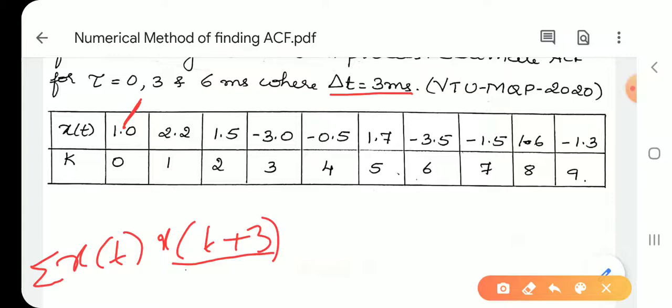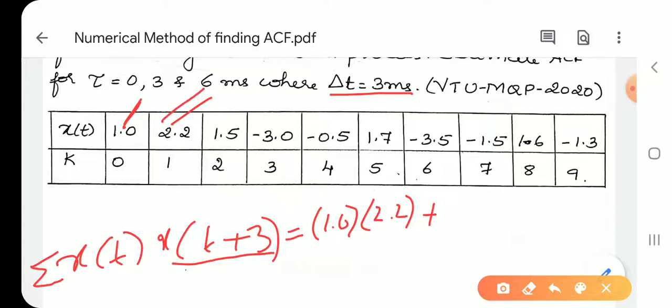After a time interval of 3 minutes, the next value of x of t is this. So x of t into x of t plus 3 means it is 1.0 into 2.2. Summation means plus. Next we have to take the second x of t.